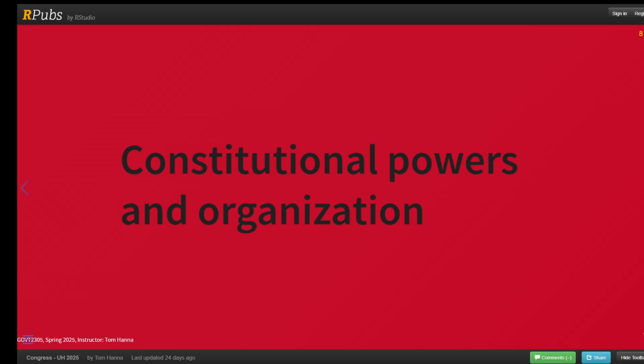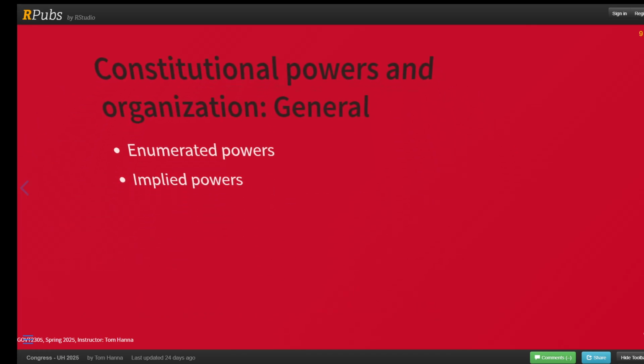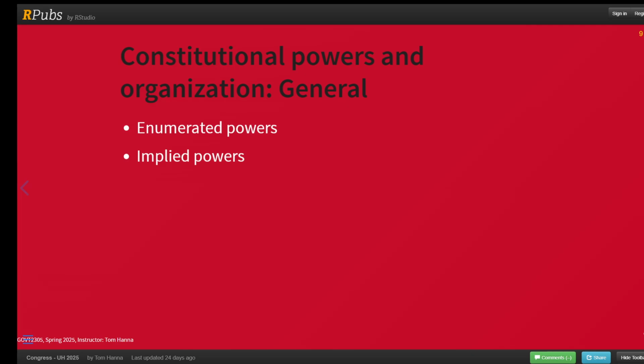So, constitutional powers and organization. Starting out, the constitutional powers fall into two general categories, enumerated powers and implied powers. Enumerated powers are the things that are actually listed in the United States Constitution as belonging to Congress. The implied powers are just what they sound like.